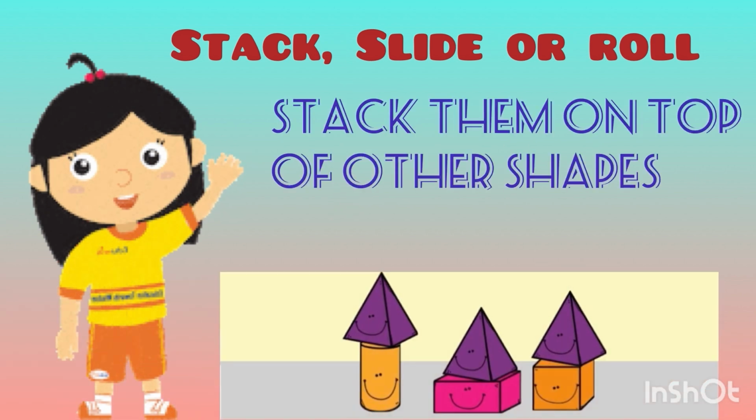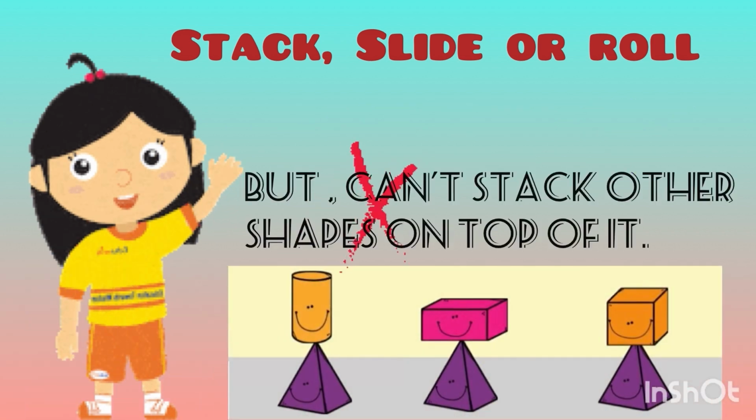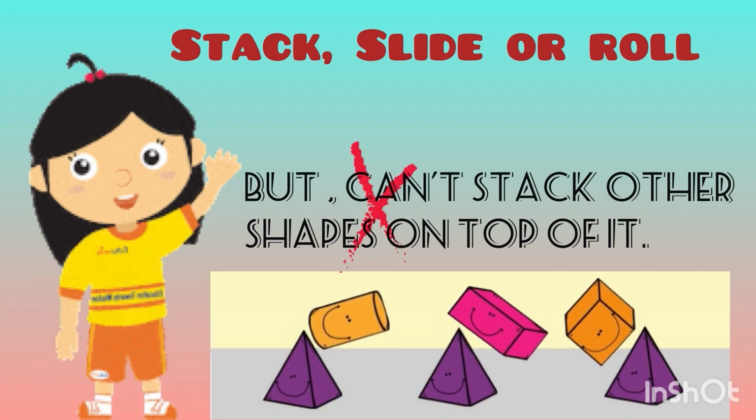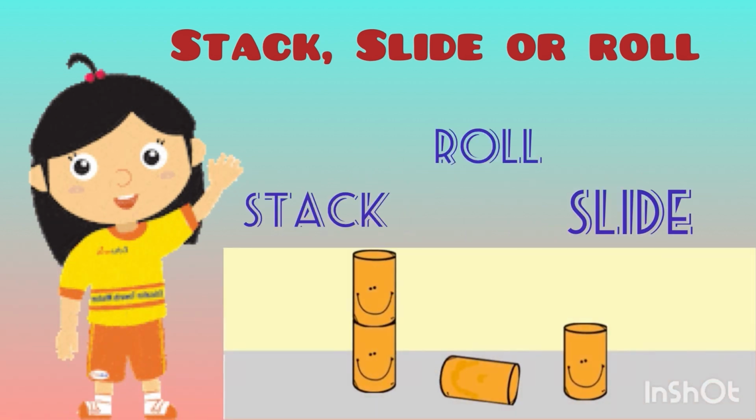We can stack it on top of other shapes but can't stack other shapes on top of it because of its pointed top. Now comes cylinders. They can stack, slide and roll. They can do all the three activities.